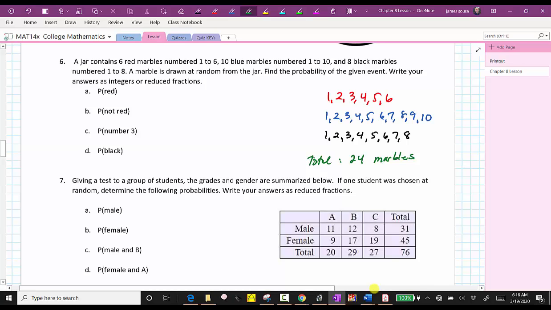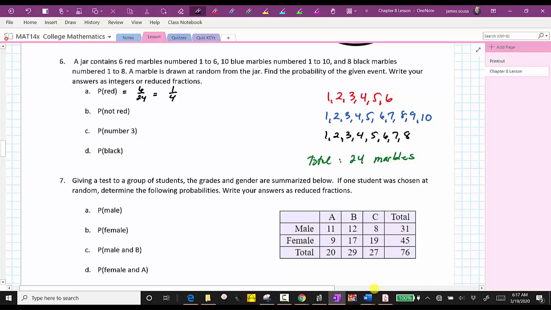So for part A, we want the probability of a red marble. Well, 6 of the 24 marbles are red, and therefore the probability of a red is 6/24, which simplifies to 1/4. Next, we want the probability if we select one marble it's not red. Notice 10 plus 8 or 18 marbles are not red.